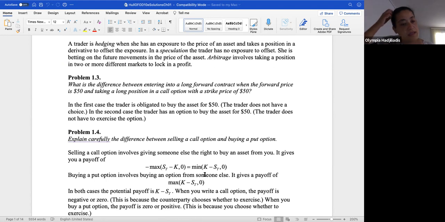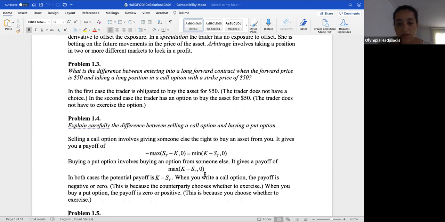So in the next problem, explain carefully the difference between selling a call option and buying a put option. Selling a call option involves giving someone else the right to buy an asset from you. It gives you a payoff of minus the max of ST minus K and 0, which is the min of K minus ST and 0. Buying a put option involves buying an option from someone else.